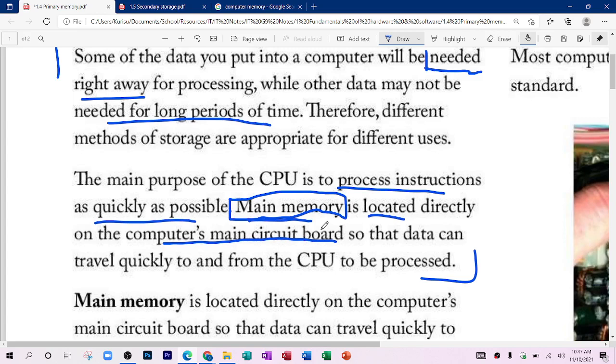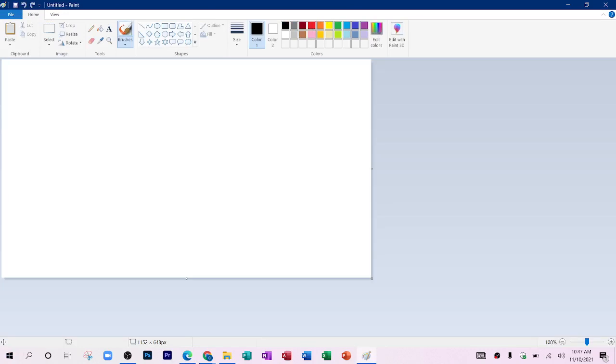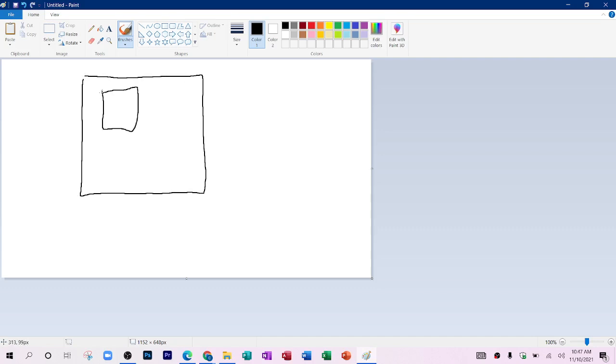So if you were to draw an image of this here, say for example, this is your motherboard. And remember, this is your CPU. And then next to the CPU is your memory. So this is memory.